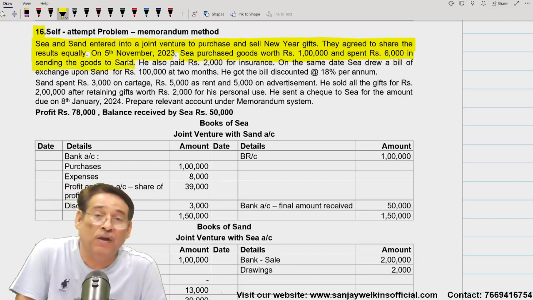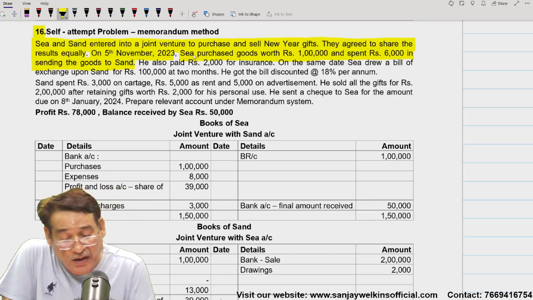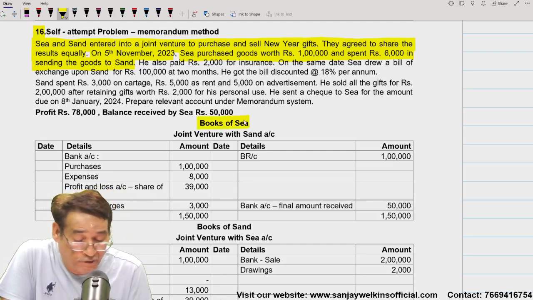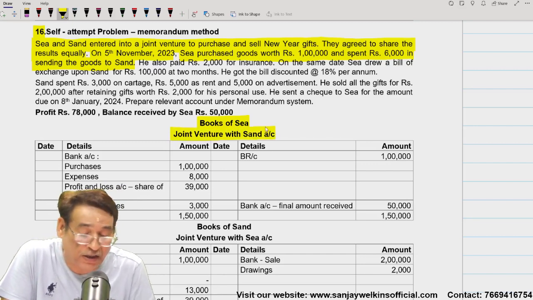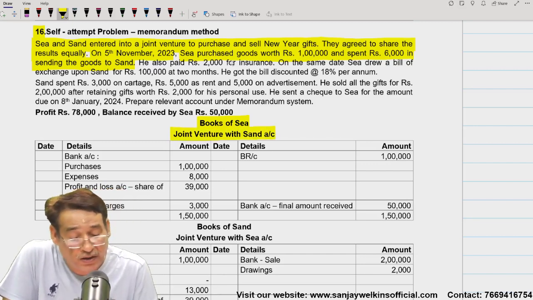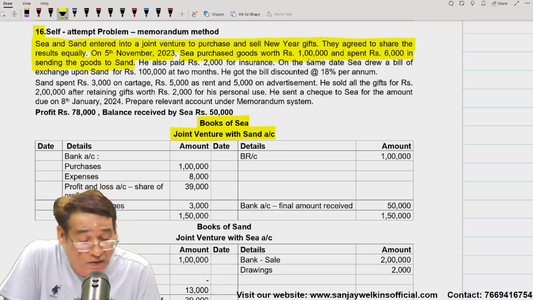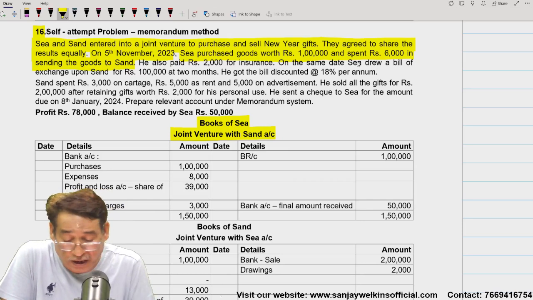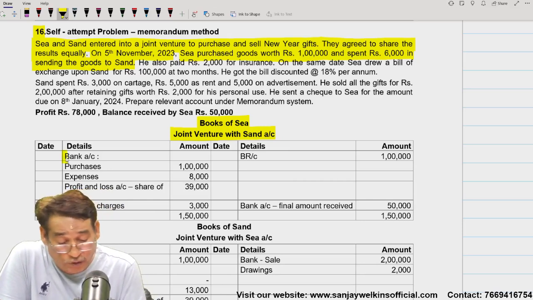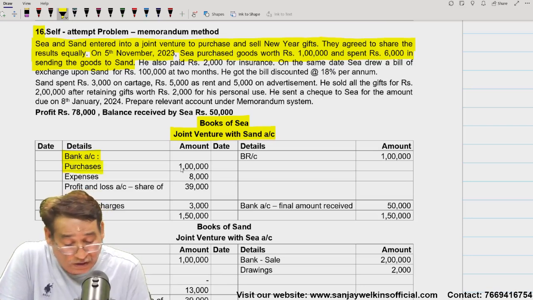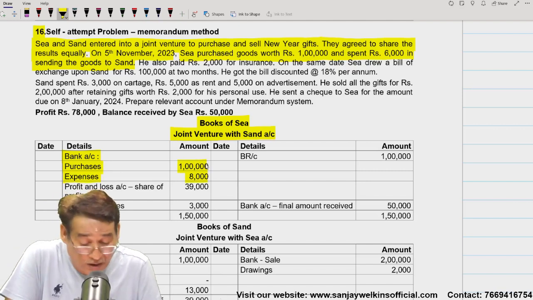S. So this time, C is incurring some expenses. So in the books of C, we are going to write joint venture with S account, because this transaction has been incurred by C and he has purchased some goods and spent 6,000. So on the debit side of joint venture with S account, I will write to cash or bank, purchases 1 lakh, expenses 8,000, correct?